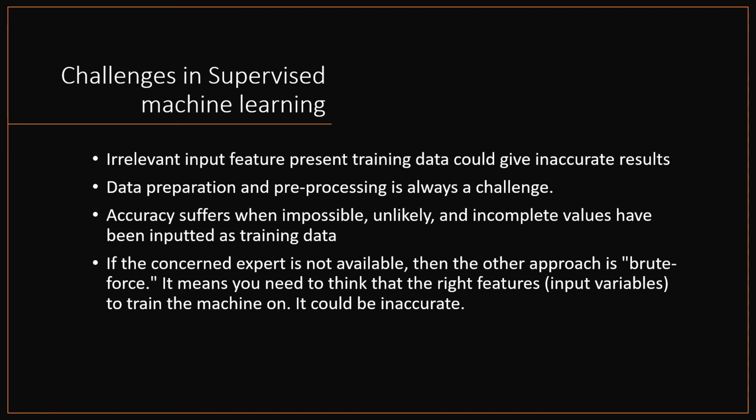So if you do not select the right input features for your training data, then it will give you inaccurate results. This is where your understanding of the problem statement is very, very important. So MBAs, when they act as business analysts, their job is to identify the right features, the right columns of data that are to be looked into for getting accurate results in the model.